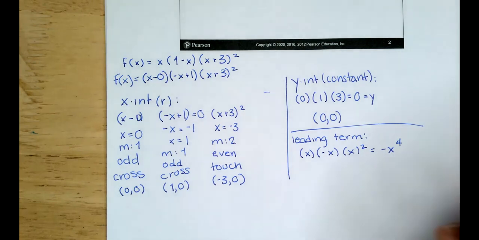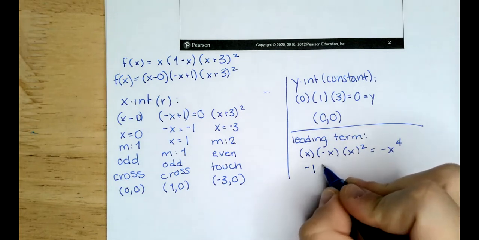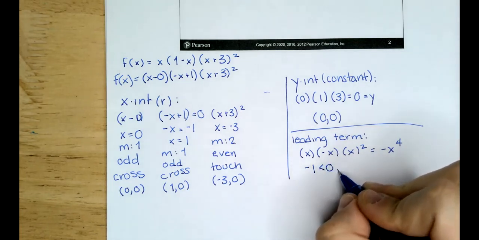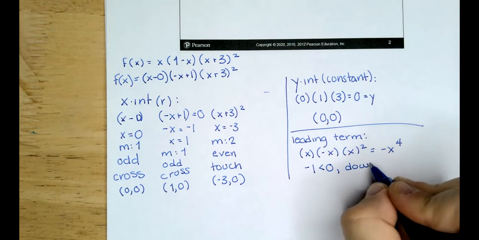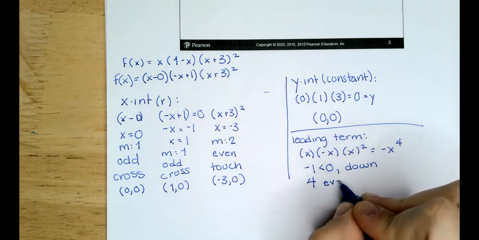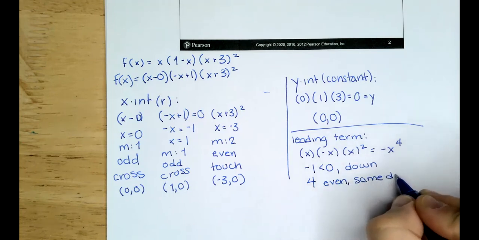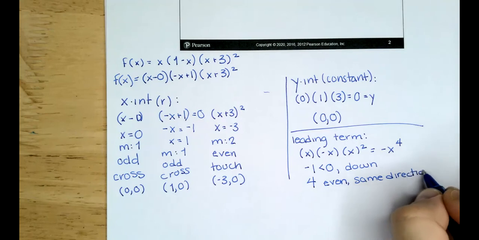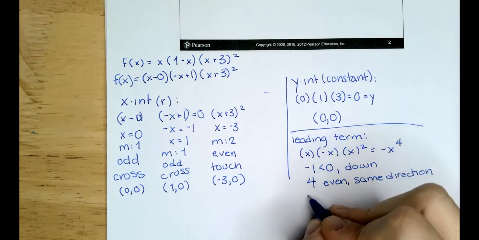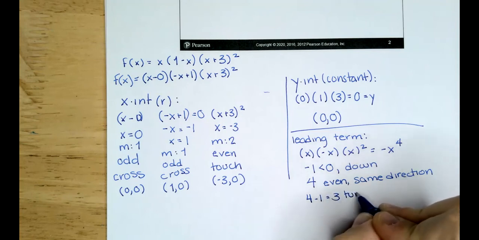Okay. A, or negative 1, is less than 0, so it's opening down to the right. 4 is even, so they go in the same direction. And the turning points is 4 minus 1, 3 turning points.